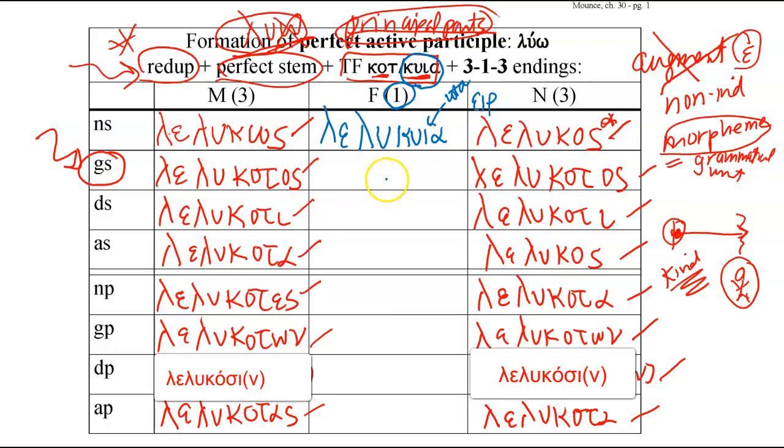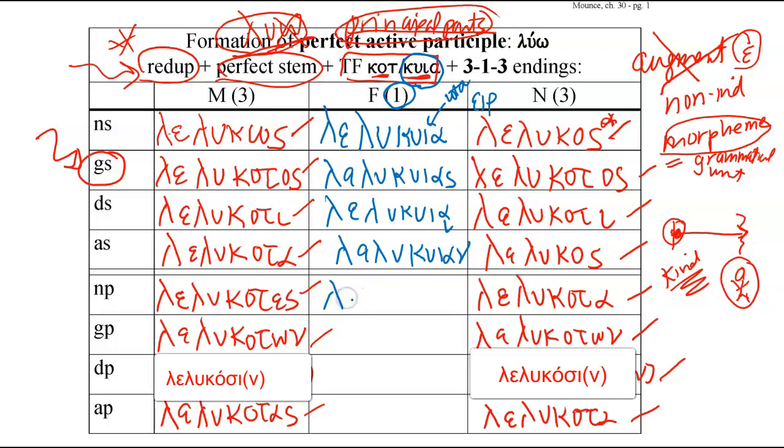So we have leluquia, the genitive singular is leluquias, the dative singular is leluqui with iota subscript. The accusative singular is leluquian. The nominative plural is leluquiai.